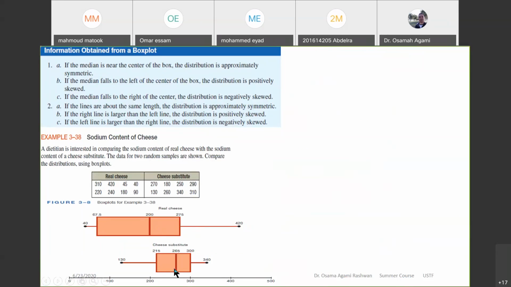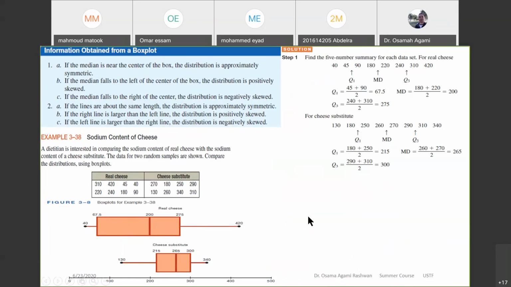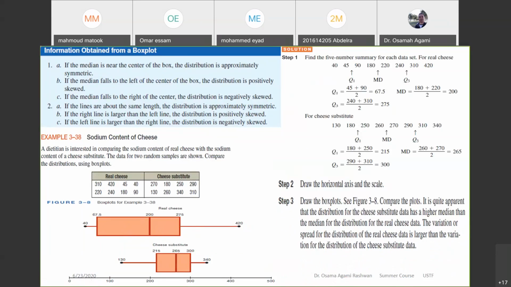But remember, this box plot is wider than this one. So it means my data here varies more than this data here. This is the main point of using the box plot, but I cannot graph the box plot until I have the first quartile, the second quartile, which is the median, and the third quartile for each data. This is the main point.